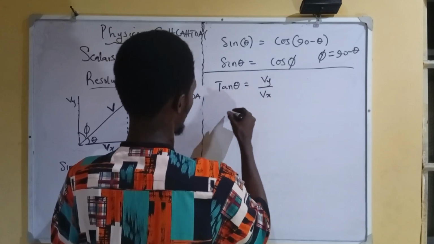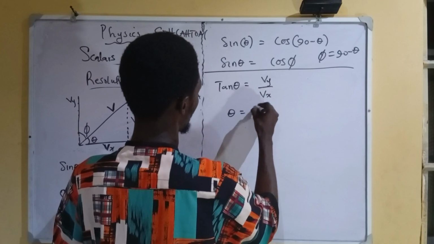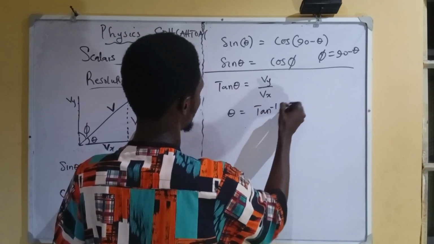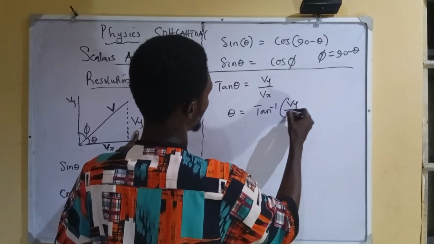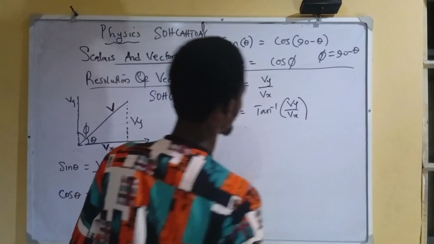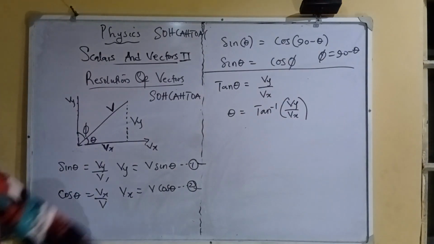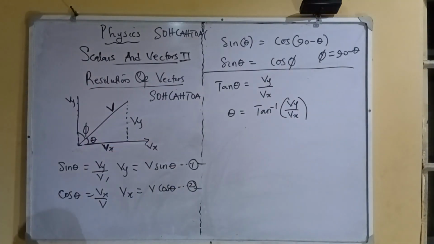So theta equals the vertical component over the horizontal component. That is how you get the angle of inclination. So this is all about resolution of vectors into its rectangular components.